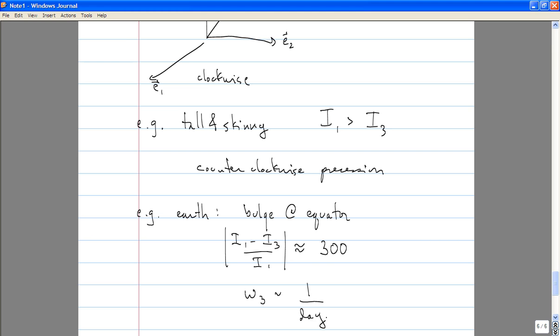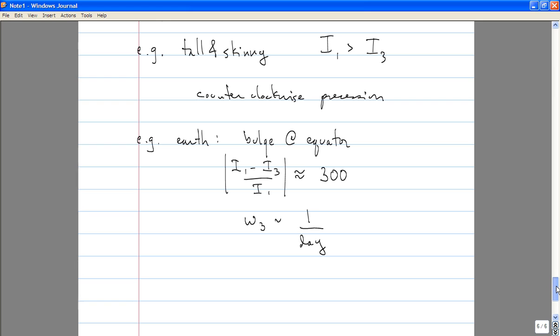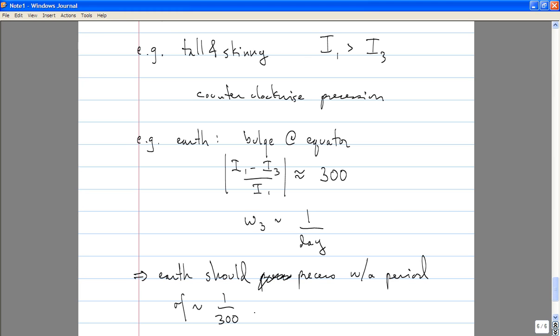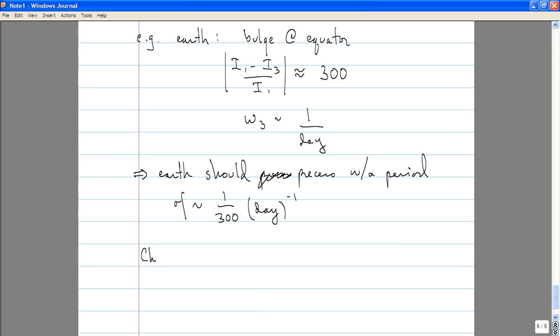So we expect the Earth should precess with a frequency of around 1 over 300 inverse days. And indeed, this has been observed. It is known as the Chandler wobble. Its amplitude is absolutely tiny.